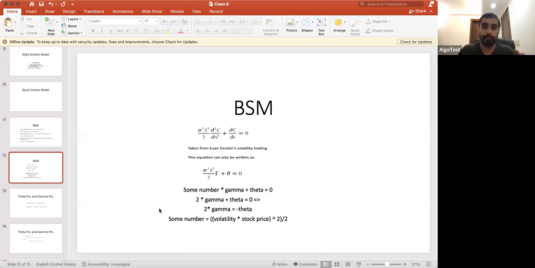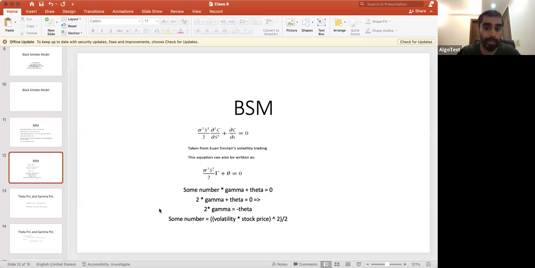The flip side, in the beginning of the lesson, we talked about extrinsic value is something that I'm capturing anyway, right? If I sell the option, I'm capturing that time value anyway. And what is going against the time value that I'm capturing is if the stock moves aggressively. If I've sold an option and the stock goes up or down very aggressively, if the stock goes all the way up, then I've lost money on the stock component, but I've made money on the theta component here, right?